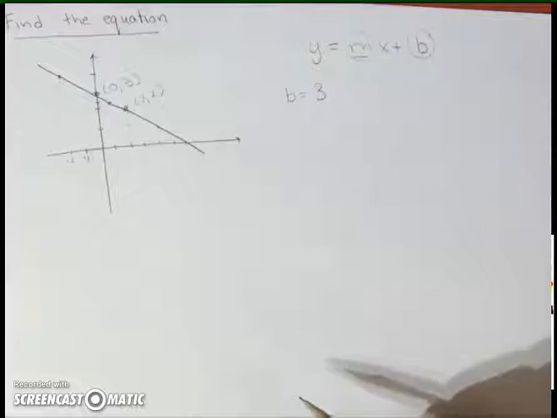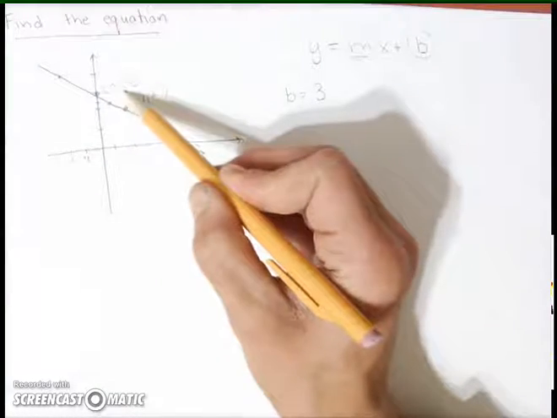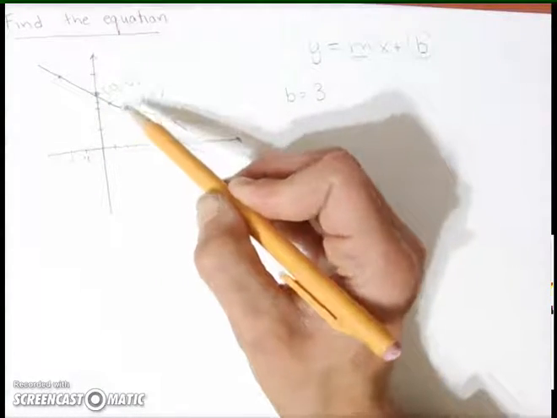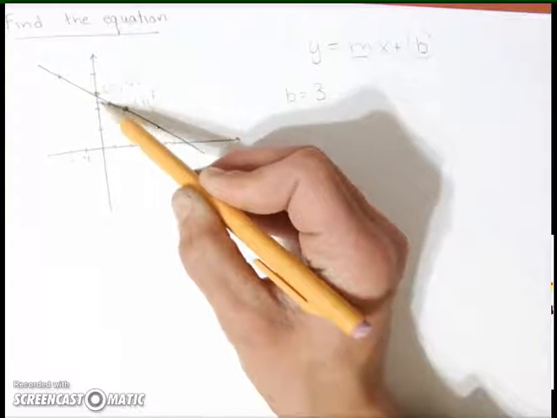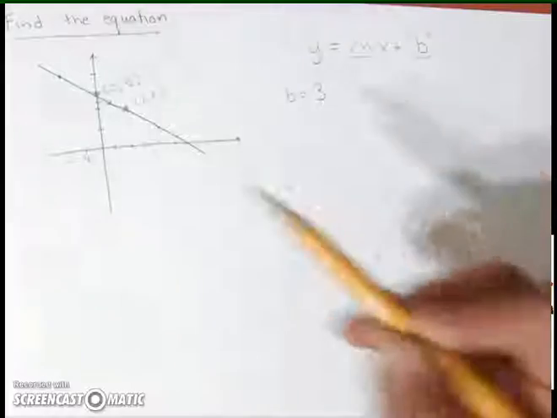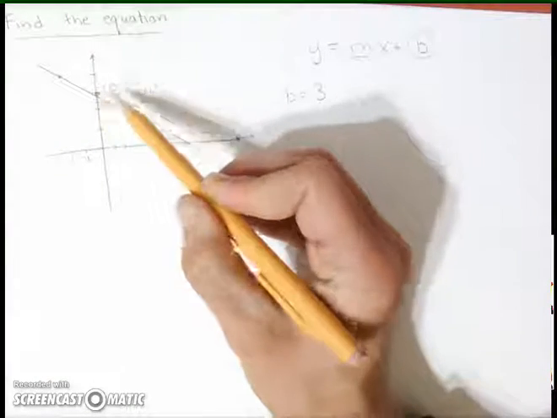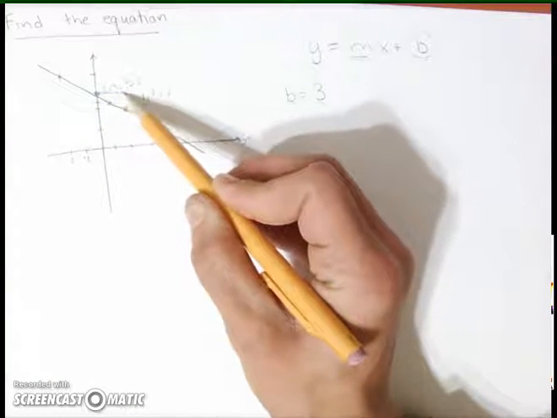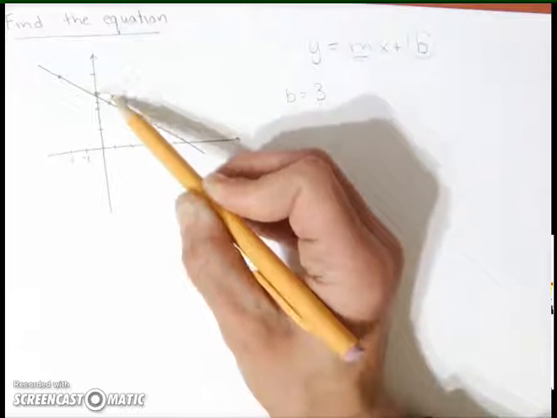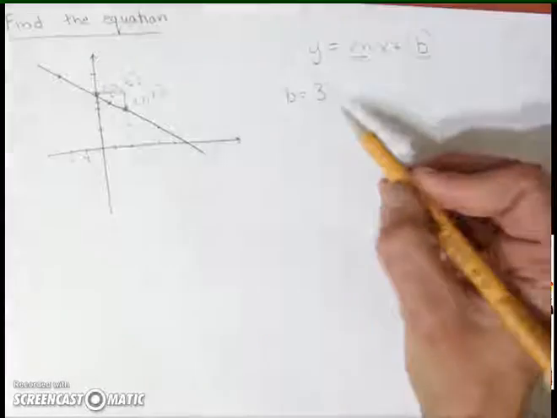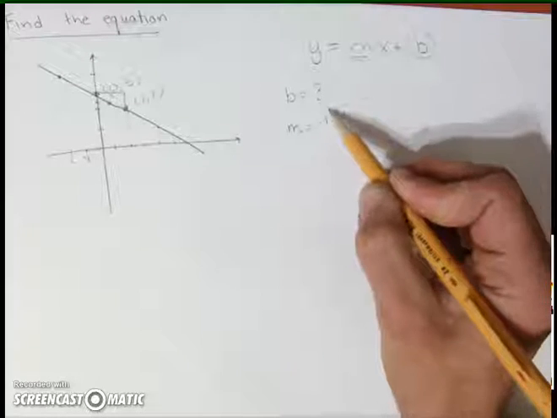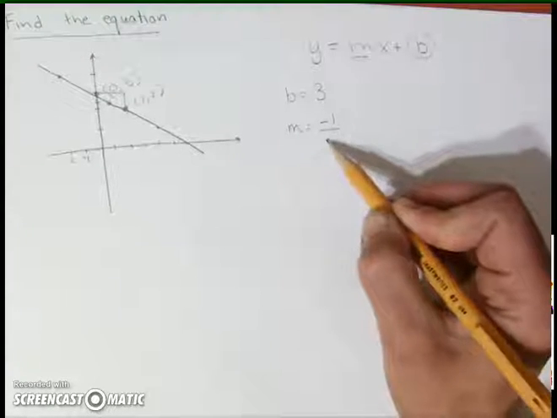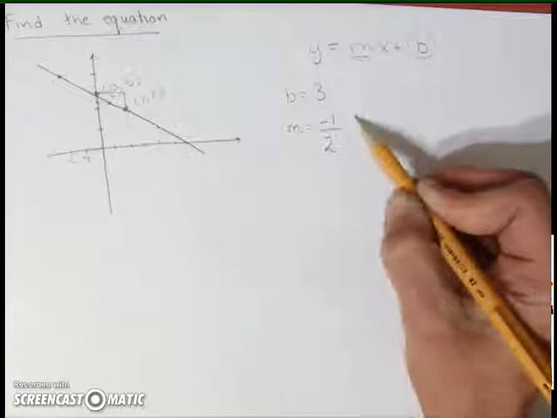So another way we could calculate the slope is figure out how far I have to go over to step down 1. Every time I step over by 2, I step down by 1. So the slope m is going to be -1 divided by 2. That's the step down, divided by the step over.